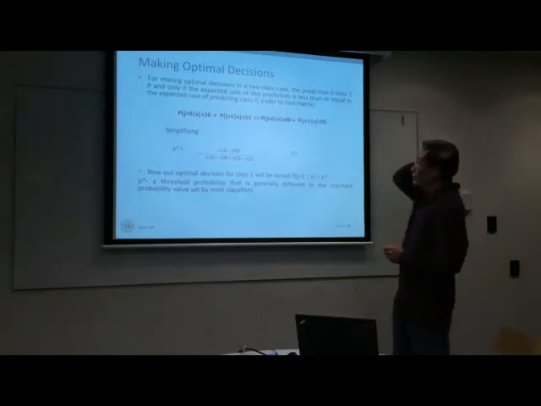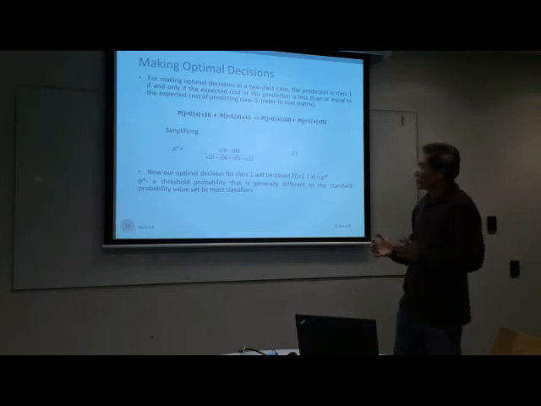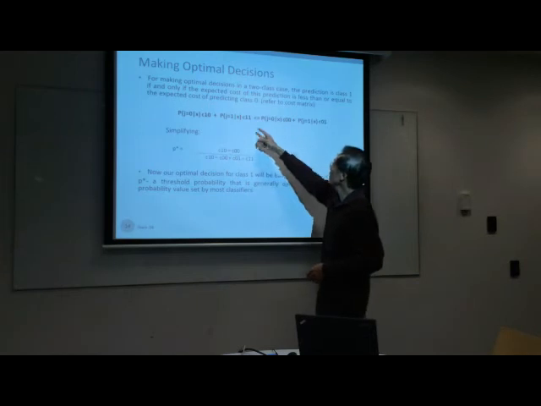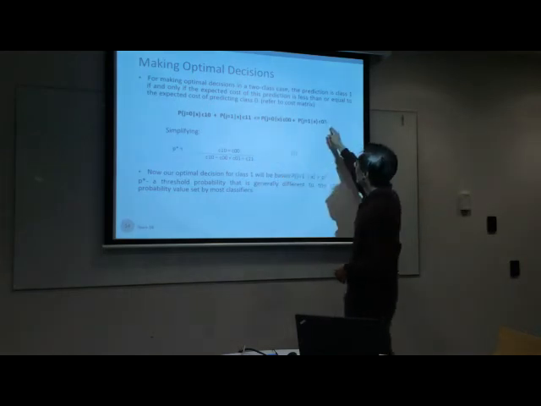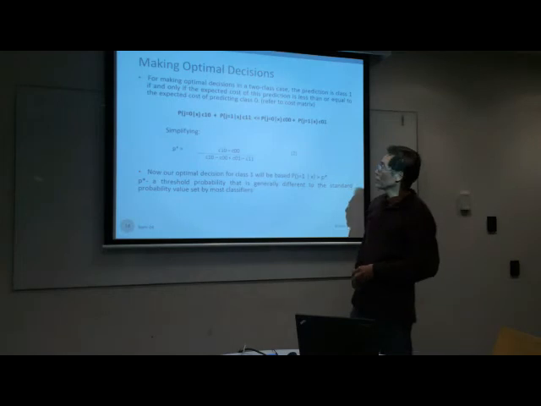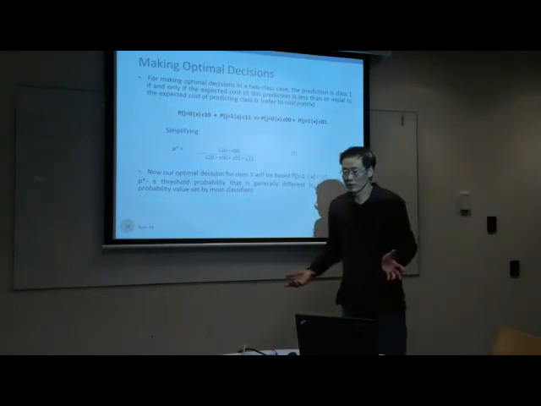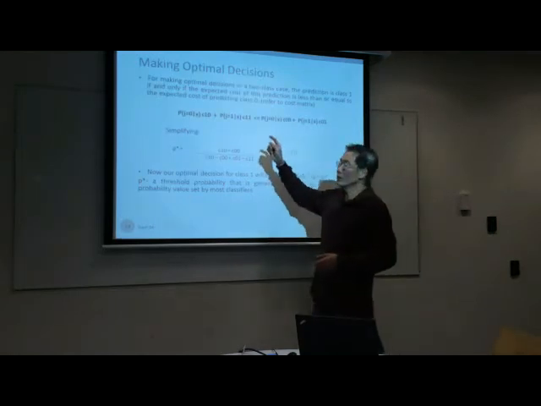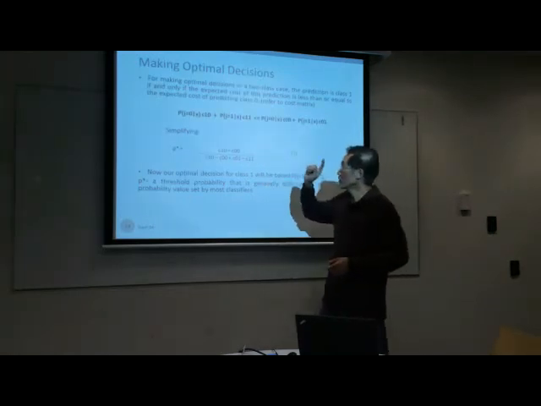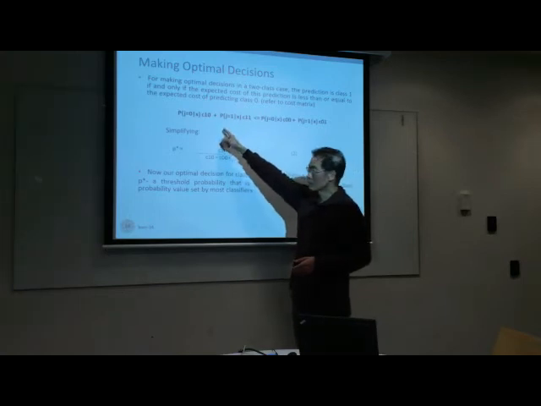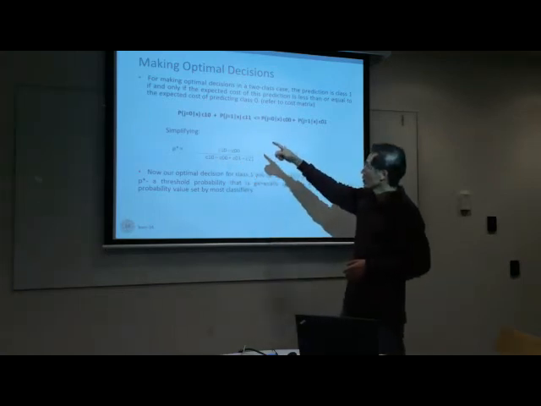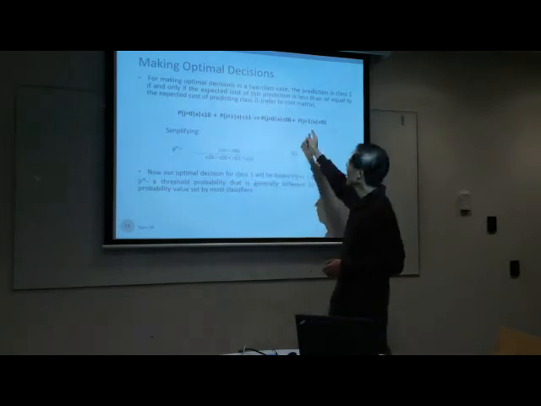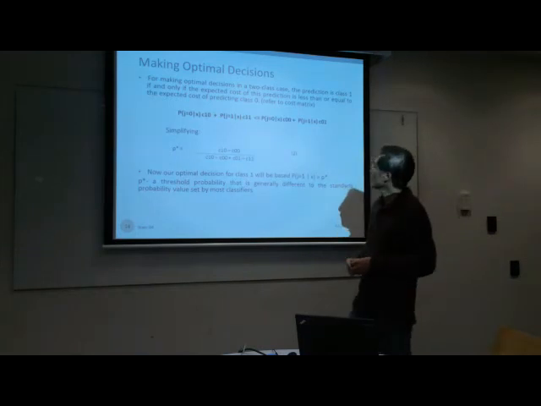Based on cost, we can see that there is a certain cost for predicting class 1, and there is a certain cost for predicting class 0. It makes sense that we only decide the prediction should be class 1 if the cost of predicting class 1 is less than the cost of predicting class 0.